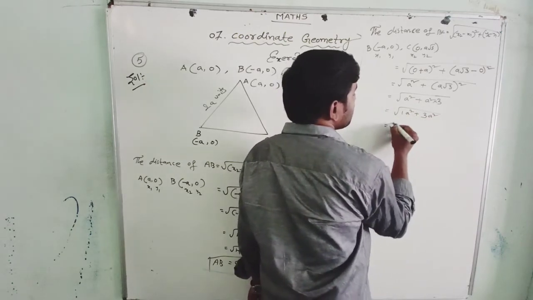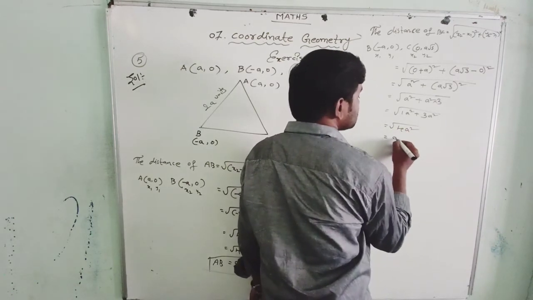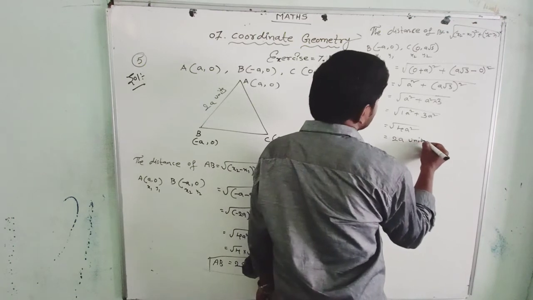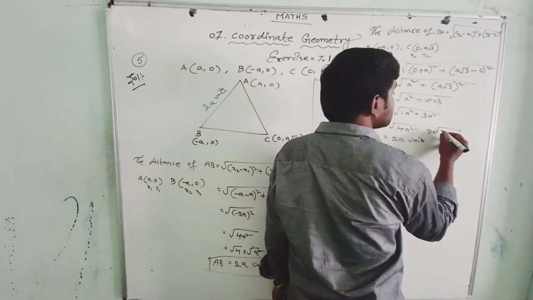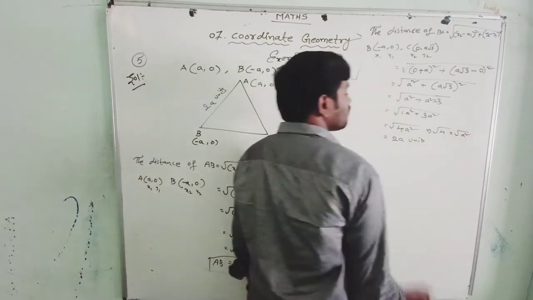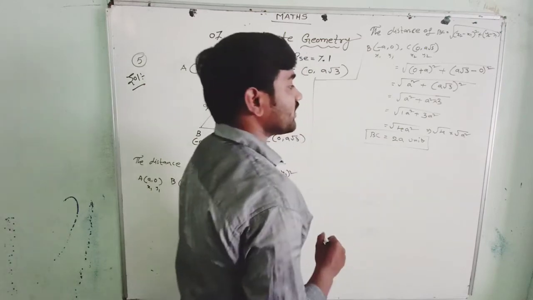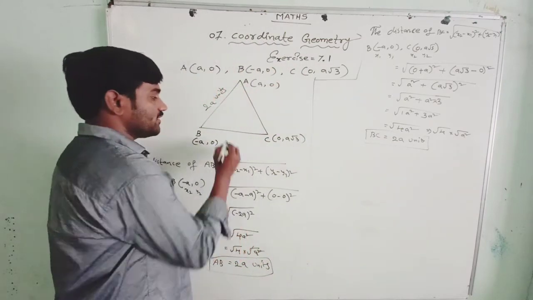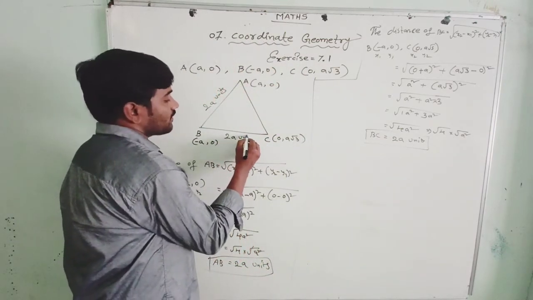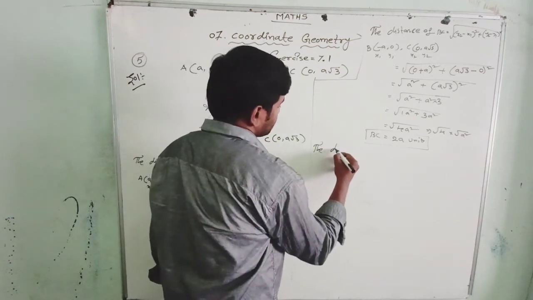Here 1a square plus 3a square is 4a squares. Under root of 4a square the value is 2a units, because 4a square can be written as root 4 into root a square. Root 4 is 2 and square root of a square is a. So BC also equals 2a units.